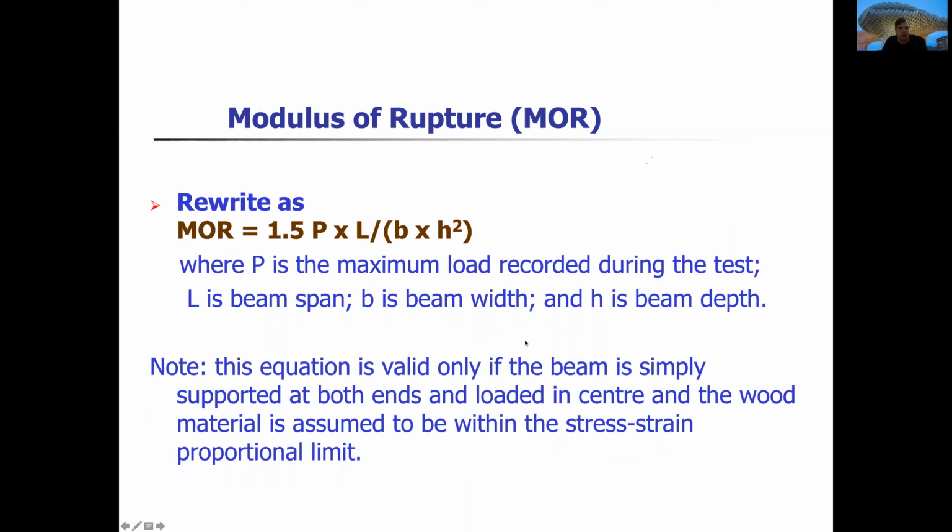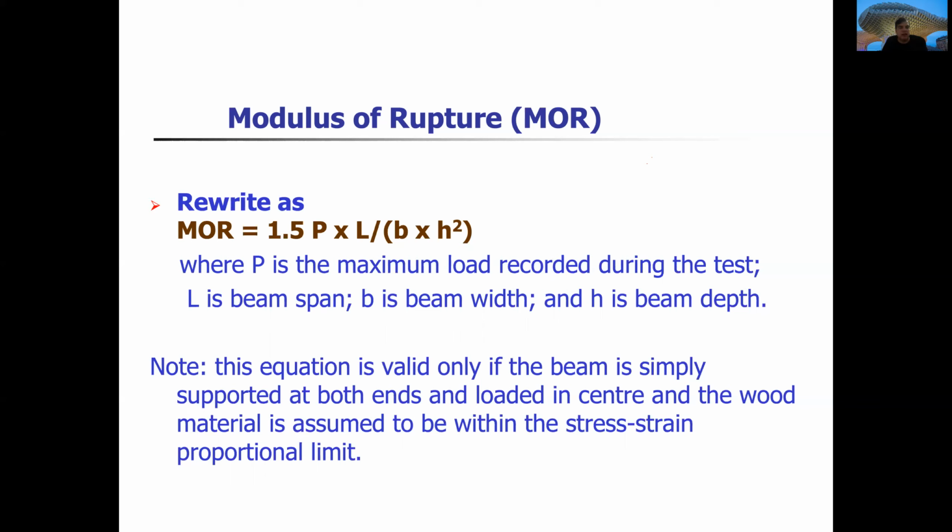We can also rewrite this as MOR is 1.5 multiplied by P, that is the maximum load during the test, multiplied by L, that is the span, and divided by the beam width and the beam height elevated to 2.